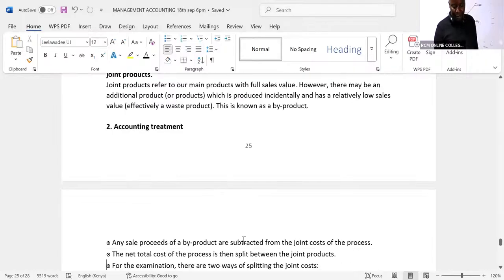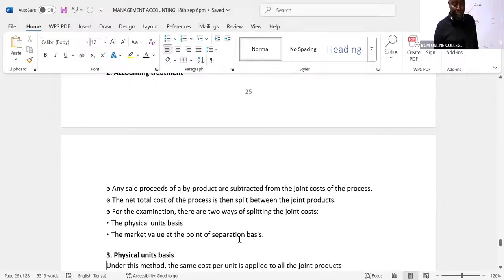Accounting treatment: any sale proceeds of a byproduct, that waste material like the sawdust, are subtracted from the joint cost of the process. The net total cost of the process is then split between the joint products. For examination purposes, there are two ways of splitting the joint costs. Number one, we have physical units basis.